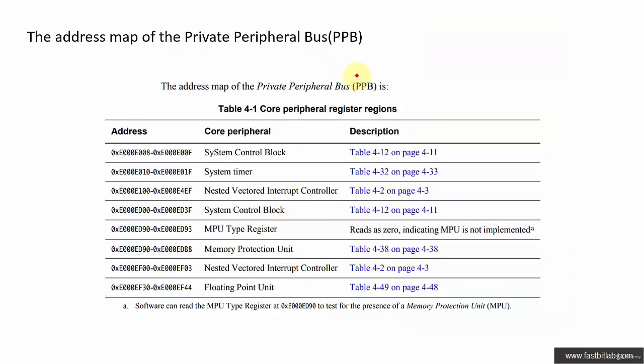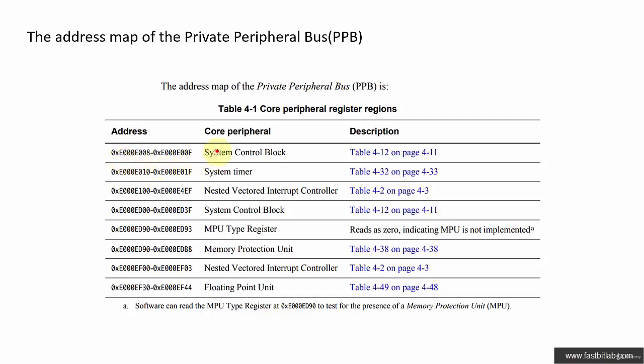The PPB region contains registers for all these processor-specific peripherals: the system control block, SysTick timer, NVIC, and lots of other things. Here you can see that any address which starts with 0xE is mostly related to controlling the processor or processor-specific peripheral functionality.